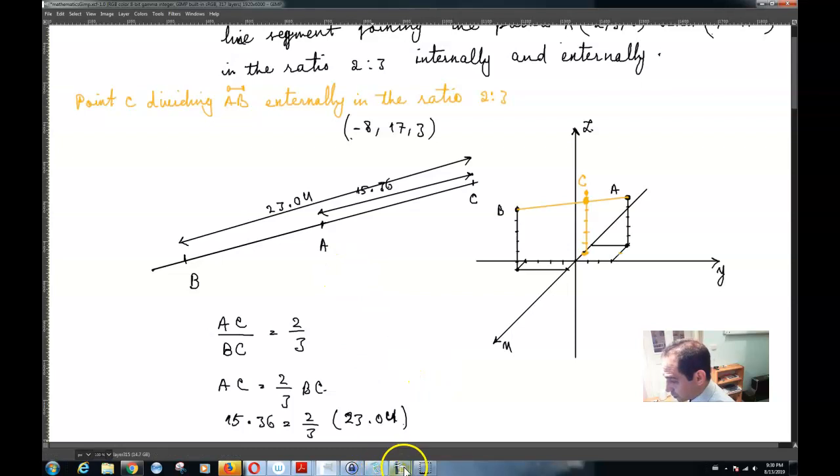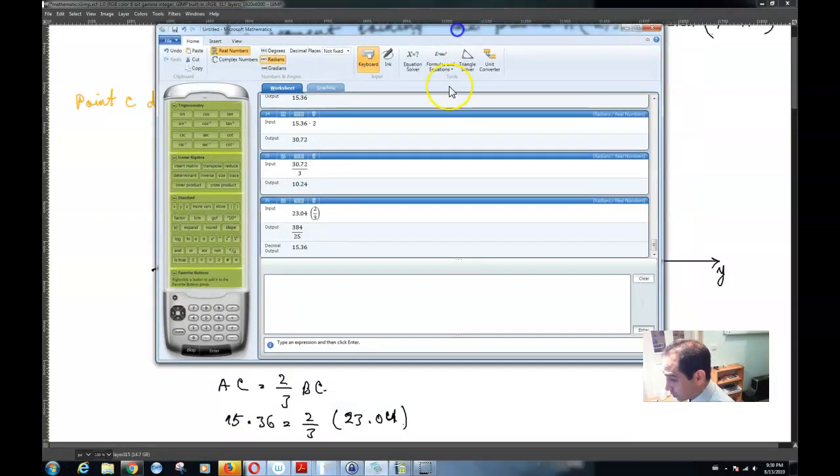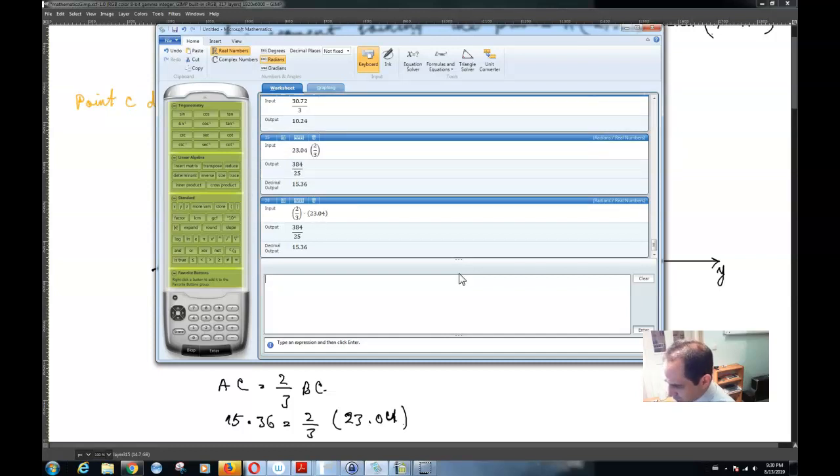And if I use a calculator to calculate this, what I will get is basically 2/3 times 23.04 is equal to actually 15.36.